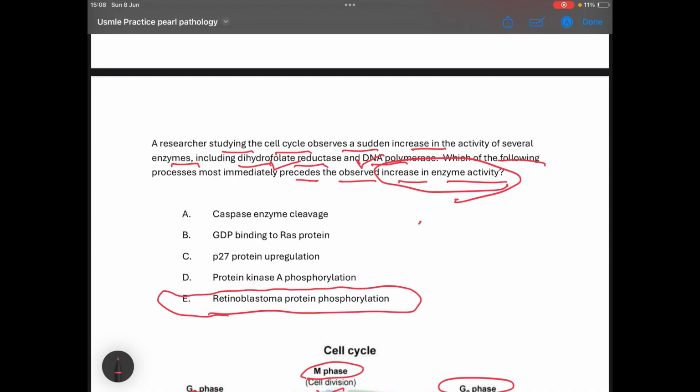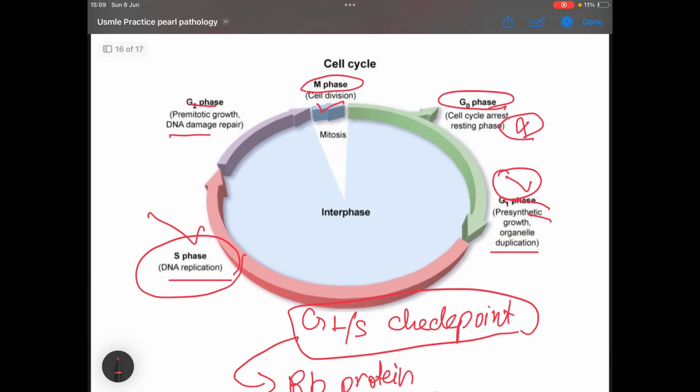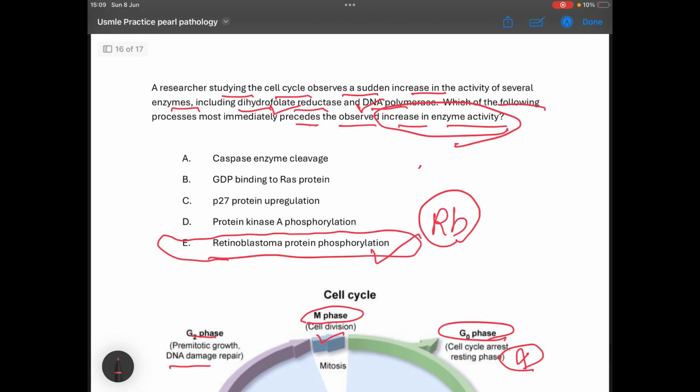Phosphorylated Rb releases the E2F transcription factor, which allows progression to S phase. Phosphorylation is inactivation of Rb, so it is no longer checking, and the cells go from G1 to S phase without any checking. So our right answer is Rb protein phosphorylation.